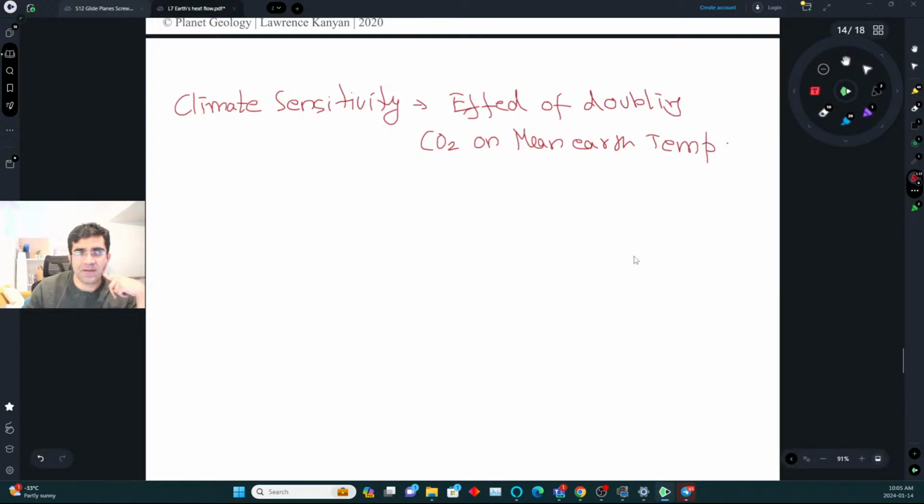So if you double the CO2 concentration, how much will the earth's surface temperature change?